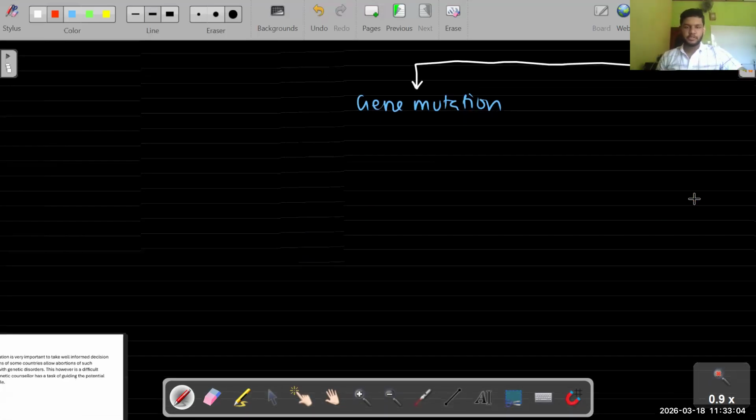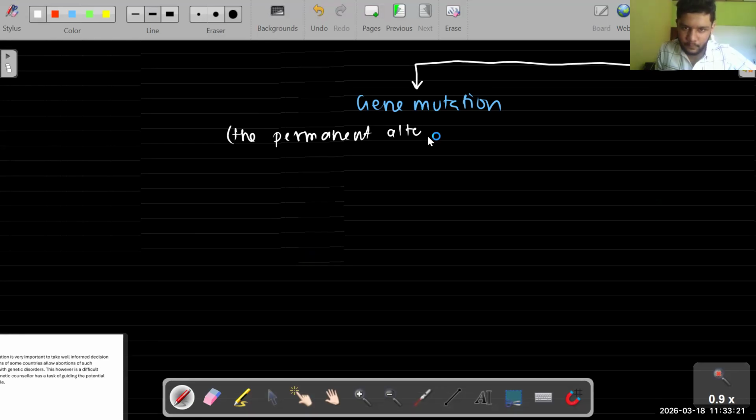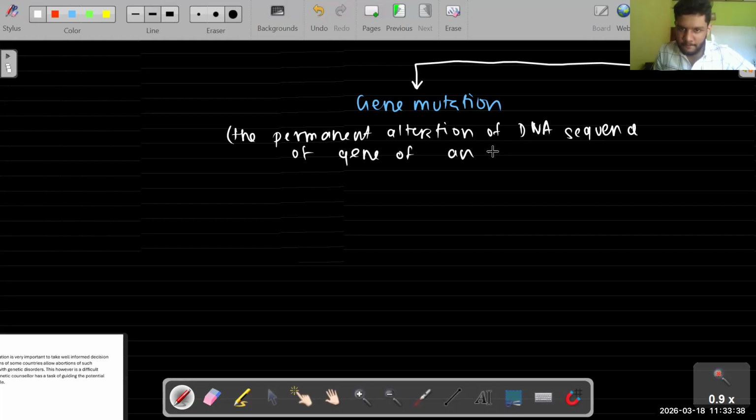Okay, let's come to the gene mutation part. As usual, we'll start with the definition. What does the definition say? The permanent alteration of DNA sequence of a gene of an individual.